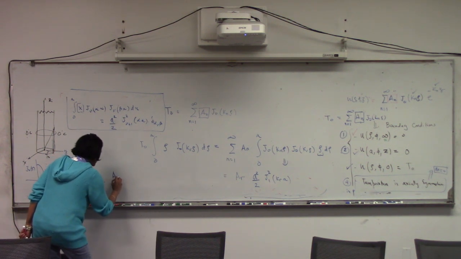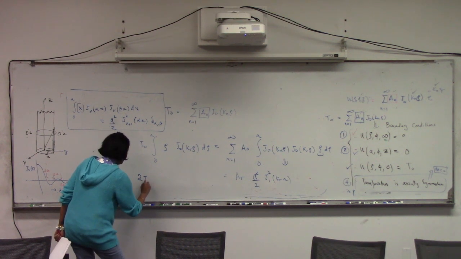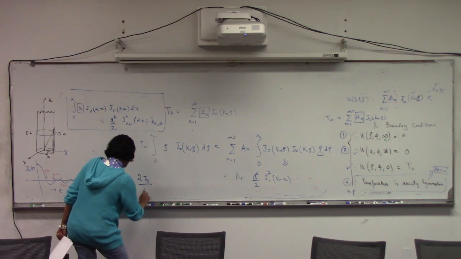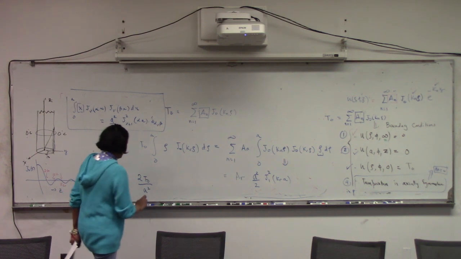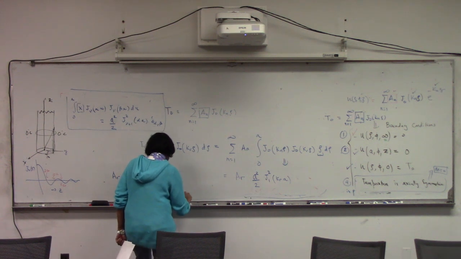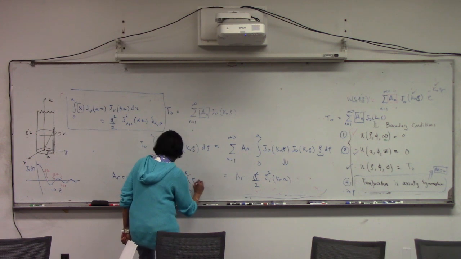So what I have is AR, the coefficient that I want, is nothing but 2 times temperature, whatever that is, over A square, the radius of the cylinder, times the Bessel function of the first order evaluated at KR times A, times this integral. I'm still having some integral that I have to evaluate.